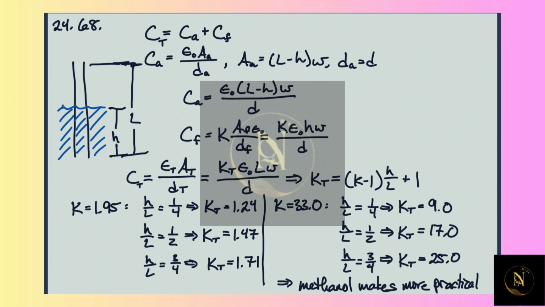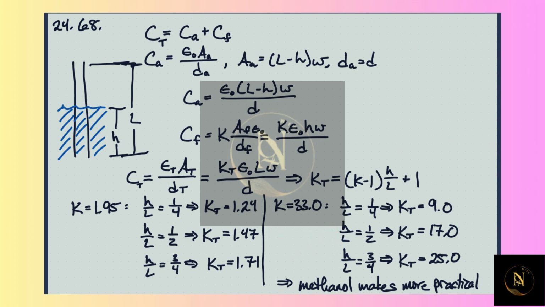Again, when H is 0, K_T is 1. When H over L is 1/4, we get K_T is 9. When it's a half, we get 17. When it's 3/4, we get 25. And when H is L, K_T would be 33.